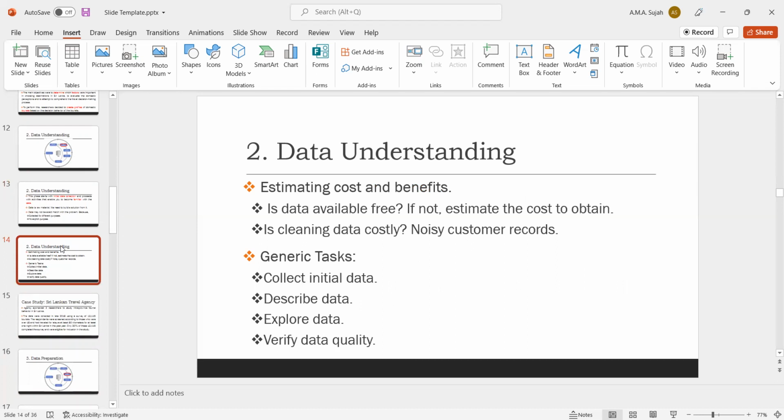You can't get all the data free of charge. Sometimes you need to pay for the data sets. Am I correct? So you must think about all the things in data understanding. Sometimes the data has some noise, so you need to remove the noise. Each and everything comes under data understanding.